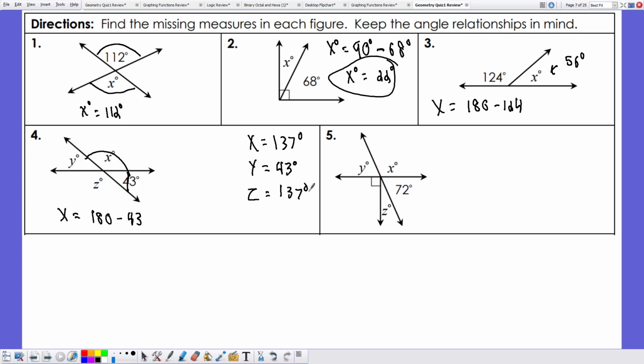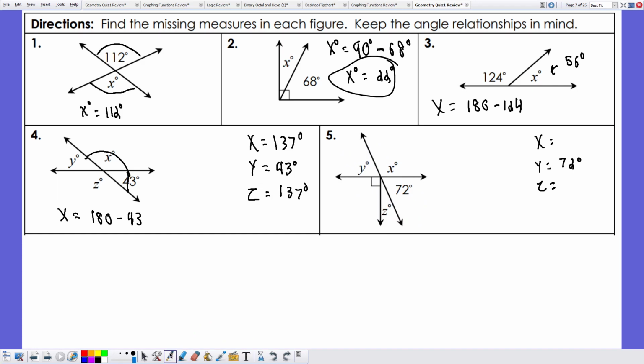Okay, and the last problem. X, Y, and Z again. Now, Y we can immediately tell is vertical with a 72-degree angle. So, 72 degrees, easy peasy. So what else do we have to work with?